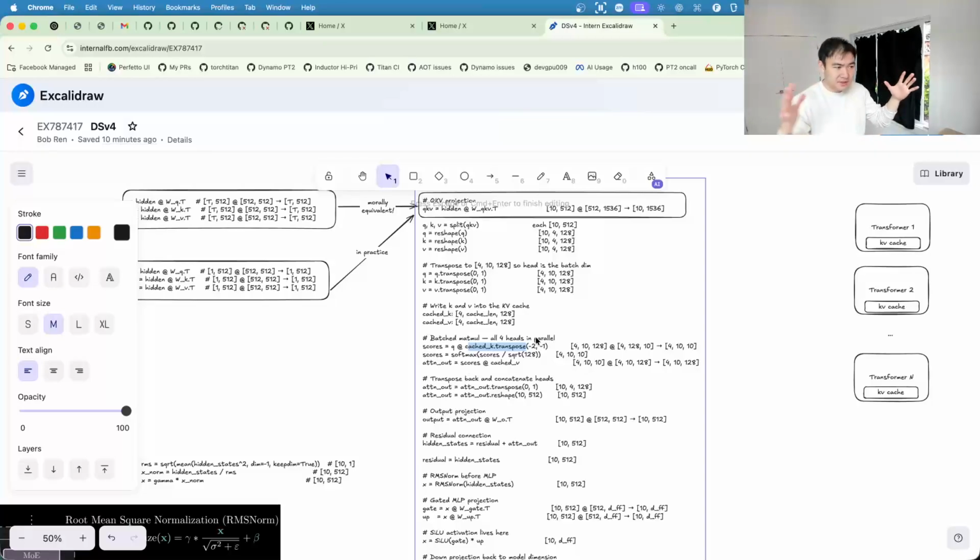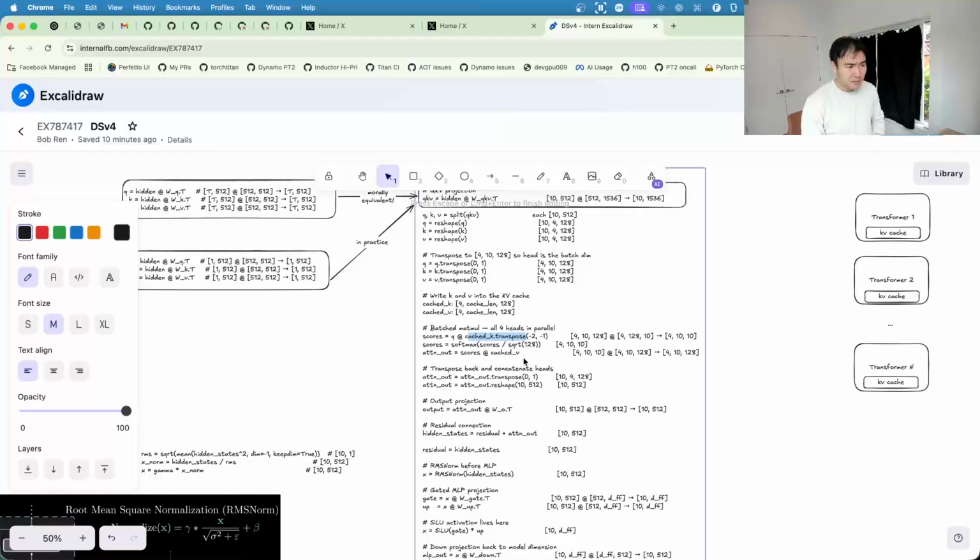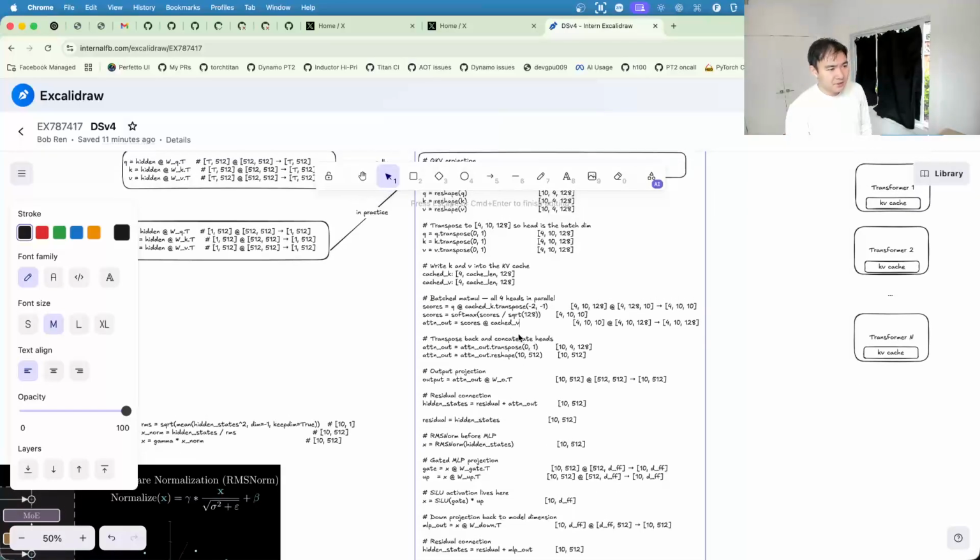This gives us the attention matrix. Then down here, we multiply it with the cached V, which is our V appended with all of the past Vs that we've generated. So you can see the magic of the KV cache, where we're memoizing all of this intermediate computation.